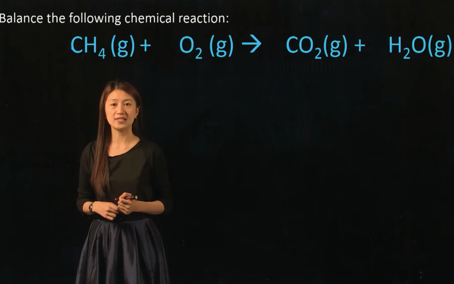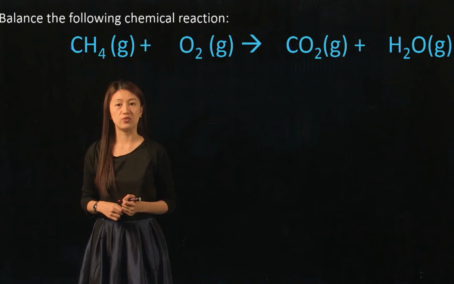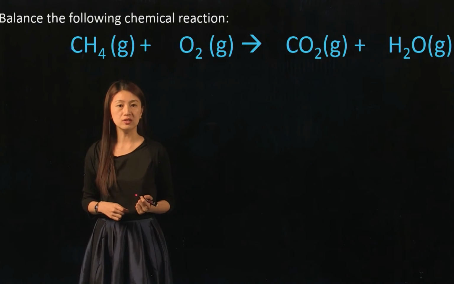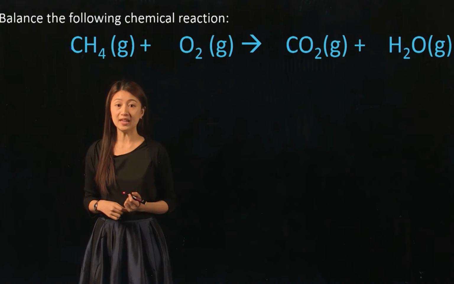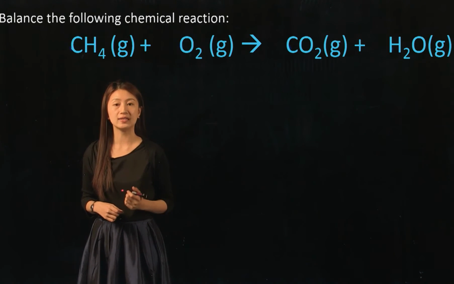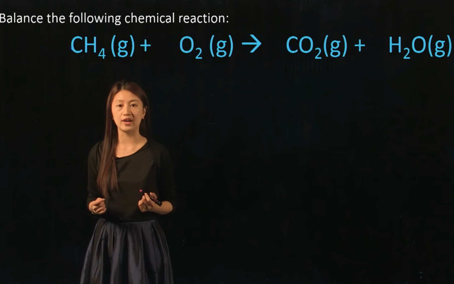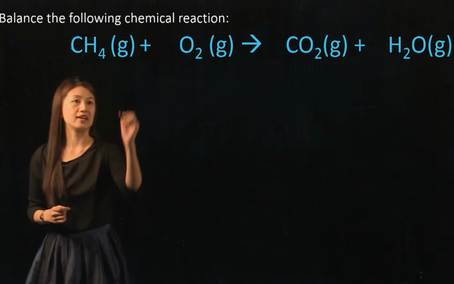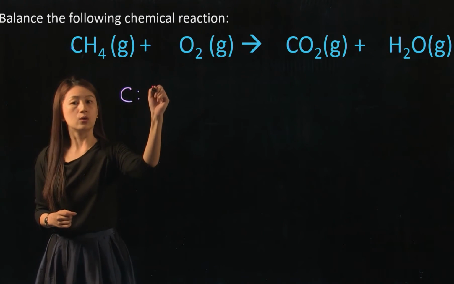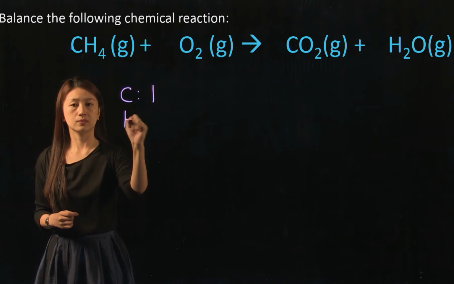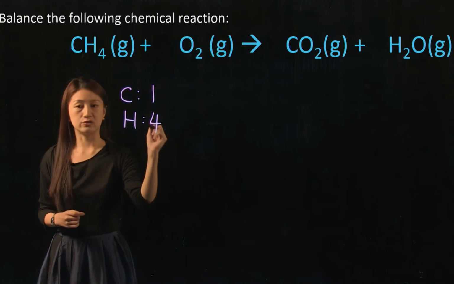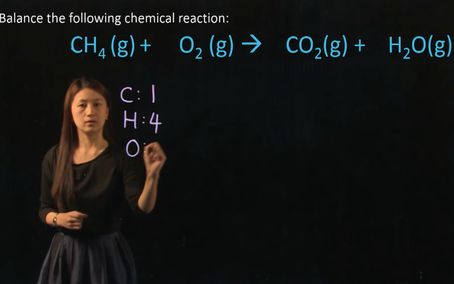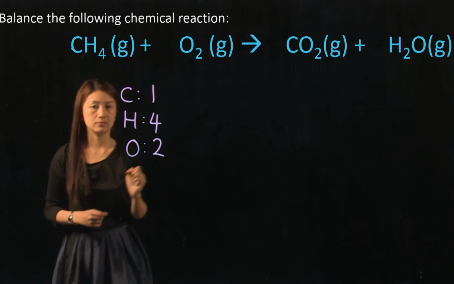Now let's try to balance another chemical reaction. We have methane plus oxygen to give us carbon dioxide and water vapor. Again, we're going to start by listing how many atoms are on each side of the reaction arrow. On the reactant side, we have 1 carbon, 4 hydrogen, and 2 oxygen.